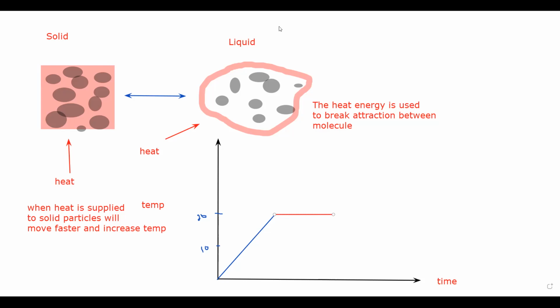So in the beginning you had a solid. At this point, when the state is changing, we will have both solid and liquid. But once all of the solid is converted into liquid and you are further supplying energy, the temperature of the liquid will start to rise.